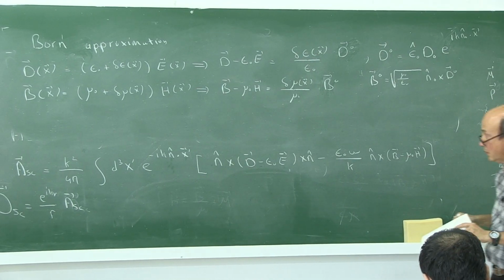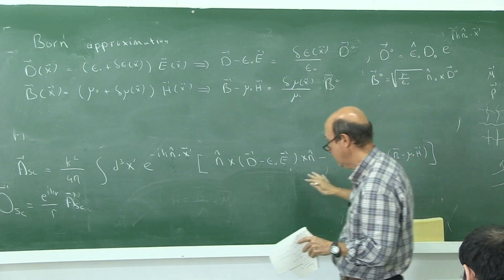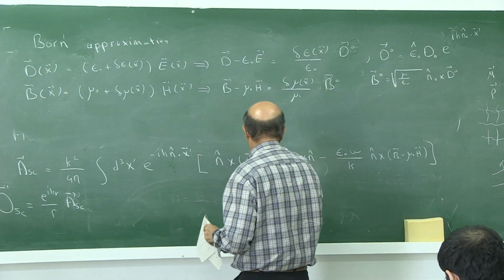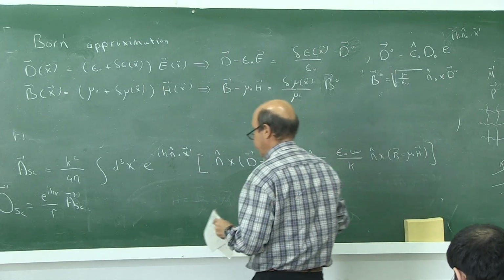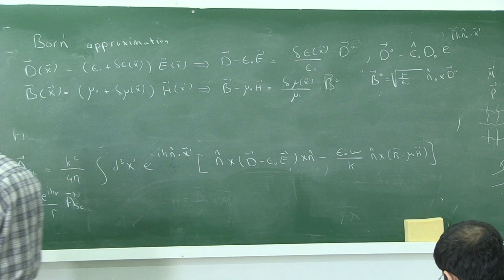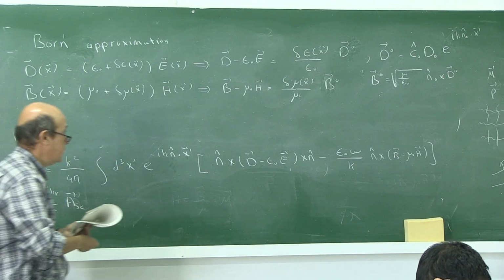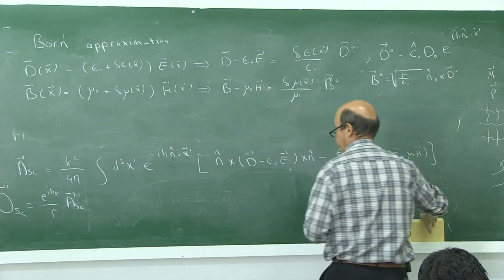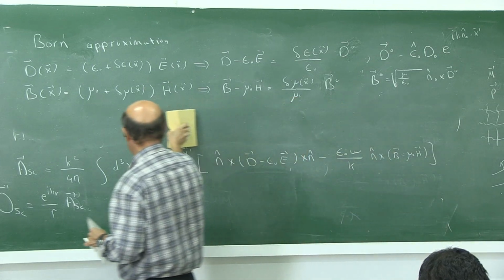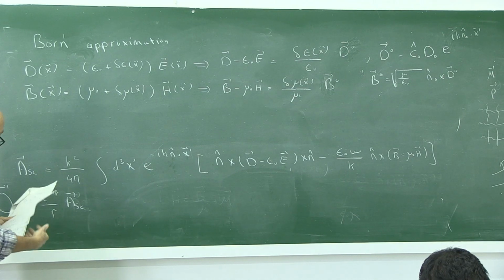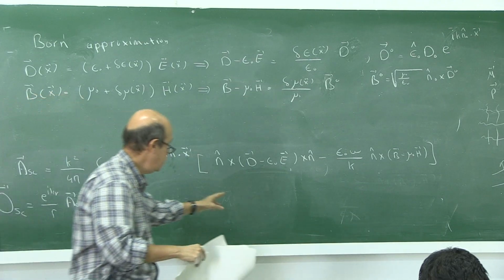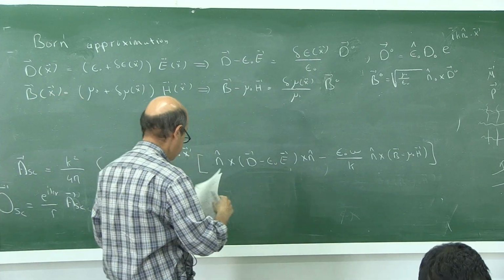So what we have to do, we should pull off this and plug inside D minus epsilon 0 E, B minus mu 0 H. So the next job is to do this calculation. This one is easy, this one is more tricky.